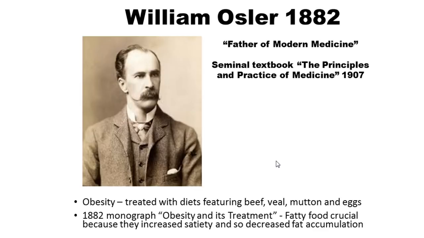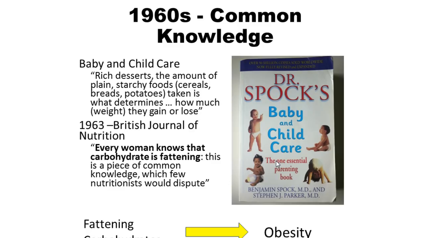So there's none of this eat low-fat foods. He is saying eat more fatty foods, right? And so he actually designed diets that featured beef, veal, mutton, and eggs. So that's what he thought about it. So again, this is more than 100 years ago. The standard of medicine for the treatment of obesity, which is acknowledged not to be a big problem at the time, is to eat less carbohydrates and more protein and fat.